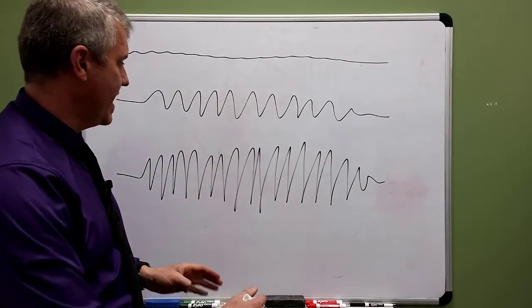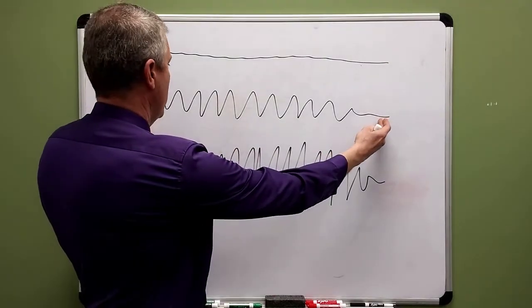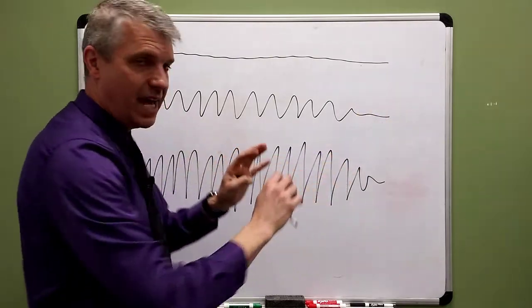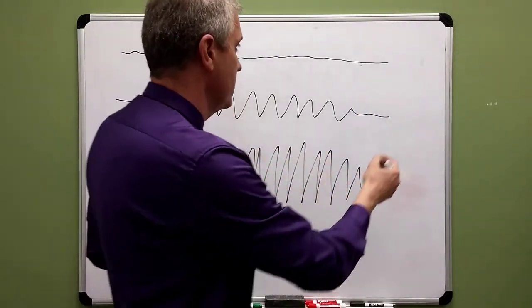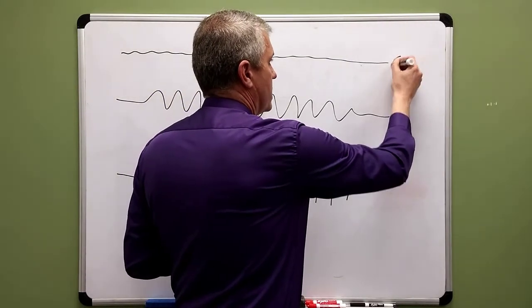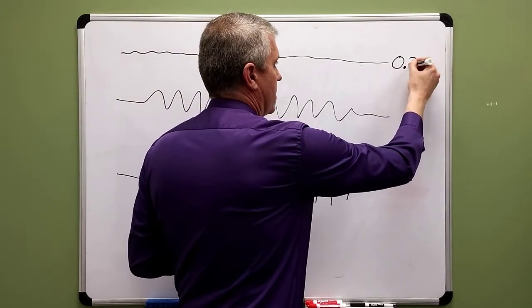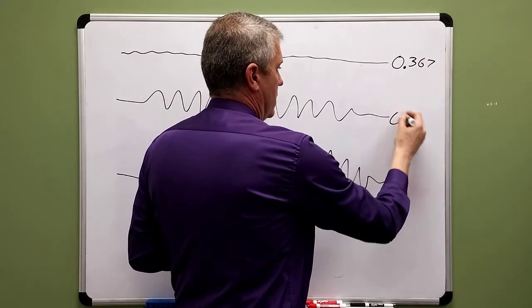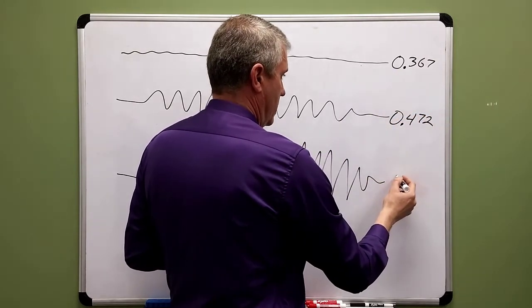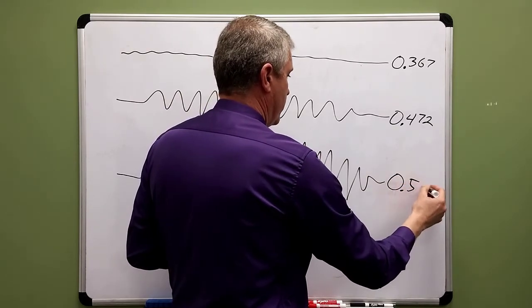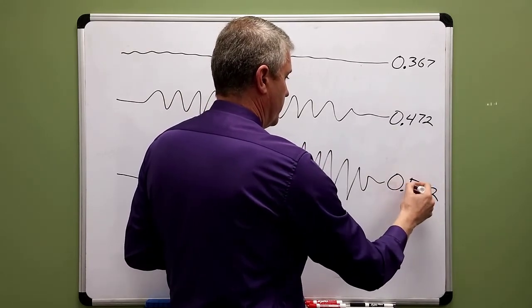So if I were to have the computer go at either end of each one of these lines and have it calculate for me the absolute integral of each one of these lines, I might come out with something like this, 0.367, 0.472, and then 0.532.